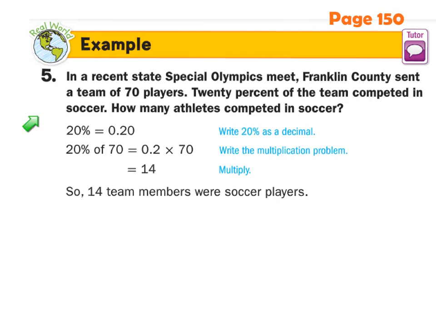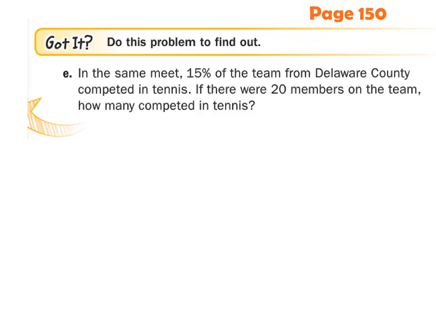These are a little bit more complicated when we have a story problem because you have to figure out what we're talking about here. Here we're finding 20% of the team. 20% of the team of 70. So 20% of 70. They change that to a decimal times 70, and you get 14 team members.